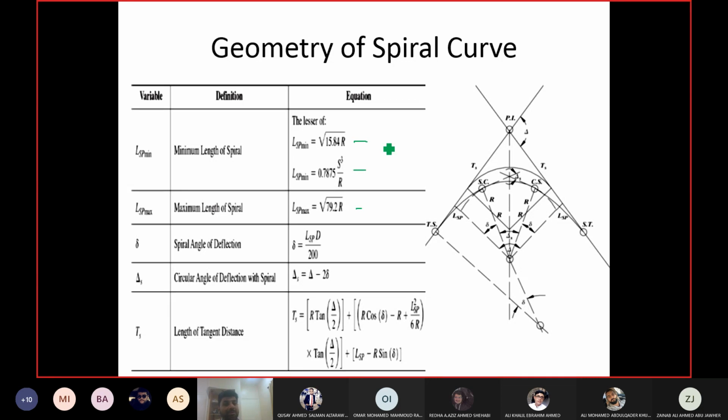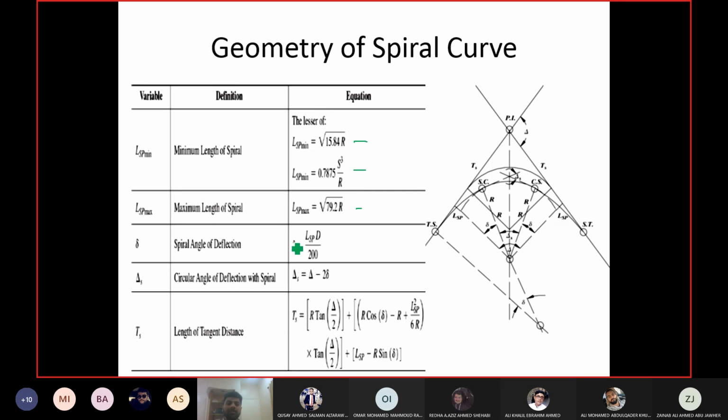So whatever radius you have at that point, we are talking about that radius and that degree of the curve, because a spiral curve doesn't have a constant radius, and it doesn't have a constant degree of the curve either. So R and D cannot be for a spiral curve because they are not constant values. Wherever in these equations I'm using R or D, that basically means the radius and the degree of the circular curve which I will achieve at the end of the spiral curve.